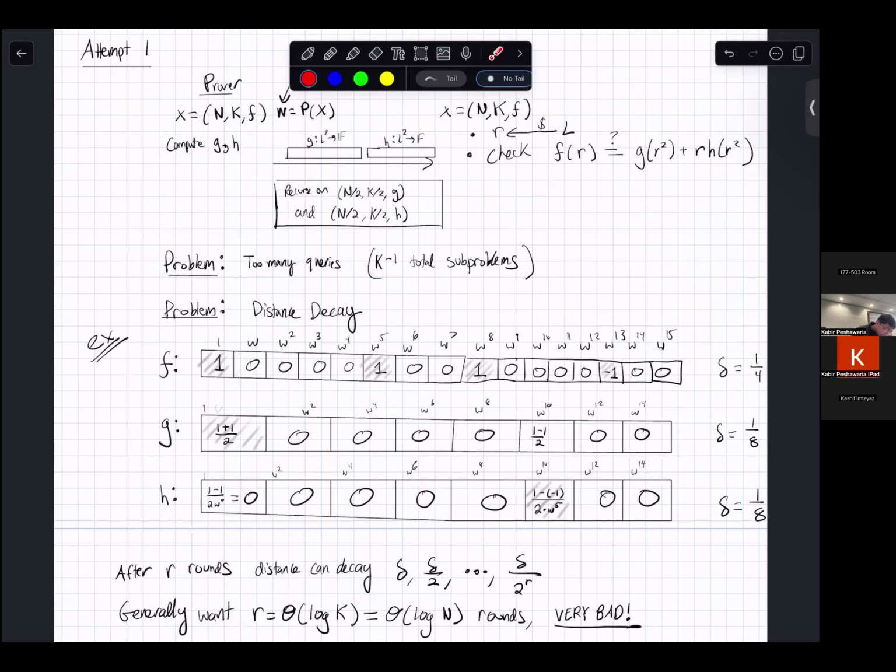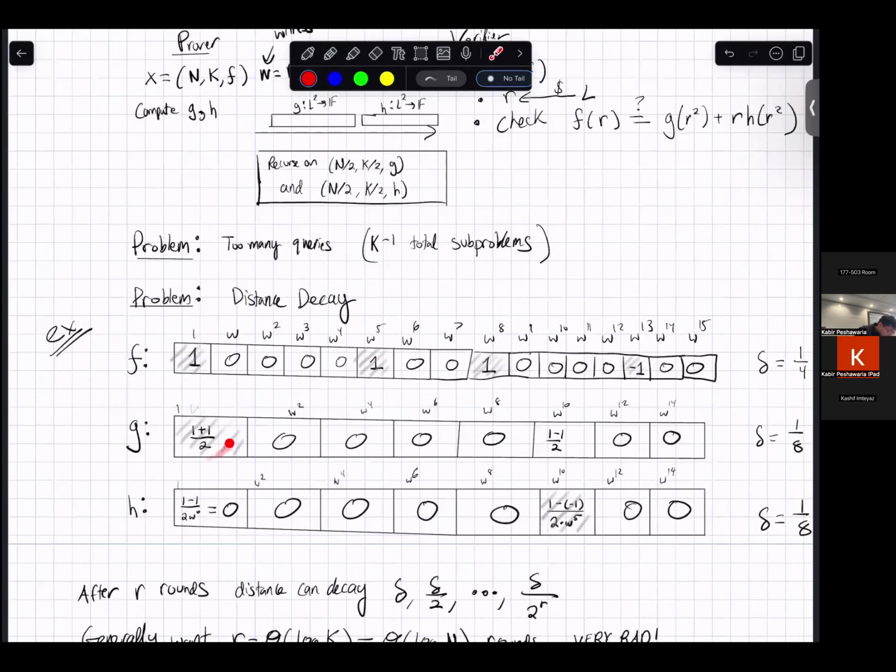Now, these shaded regions are places where I have errors relative to my closest codeword. And what's happening here is to compute this one, I'm combining this one and this one. To compute this one, I'm combining this one and this one. Similarly for H.